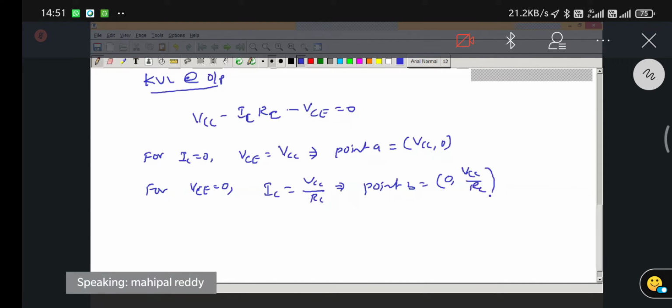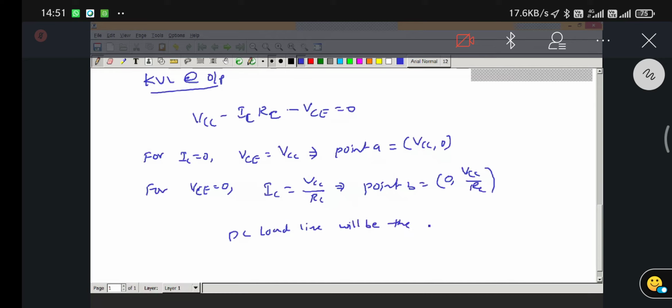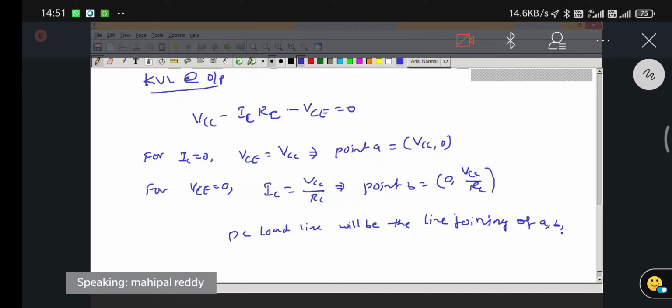There are two points, A and B, and the line joining point A and point B is going to be the DC load line.